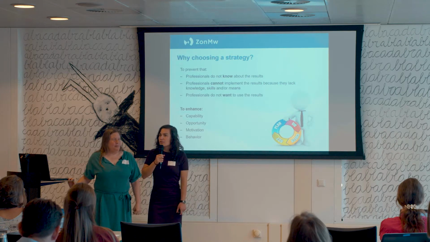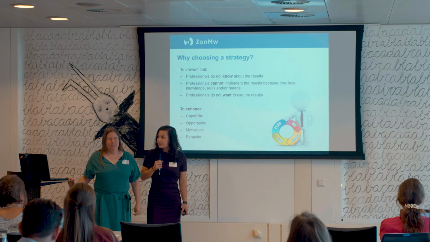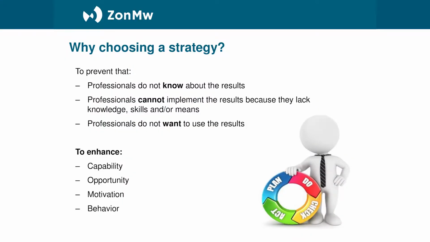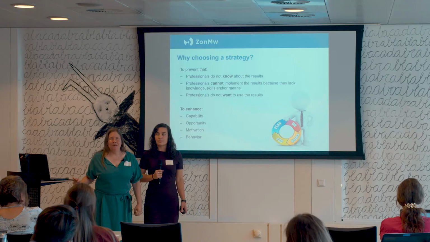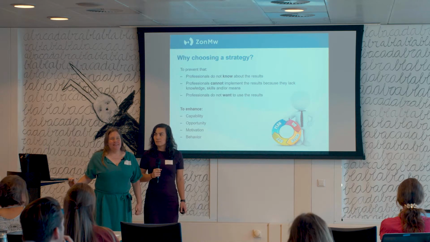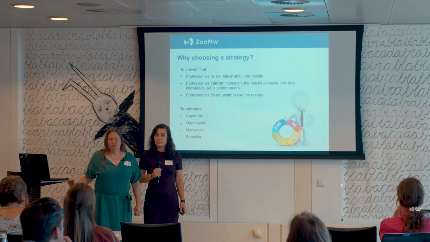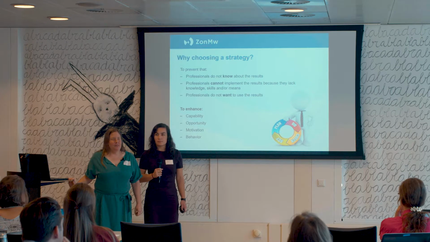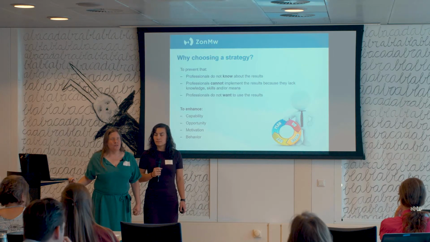And so, why is choosing a strategy important? Choosing an implementation strategy is important because we want to prevent certain things. What you don't want is that professionals who you want to use your results don't know about them. Is that a good thing? No, it's not. You also want to prevent that professionals can't implement your results or use them because they don't have the knowledge or the skills or the means.